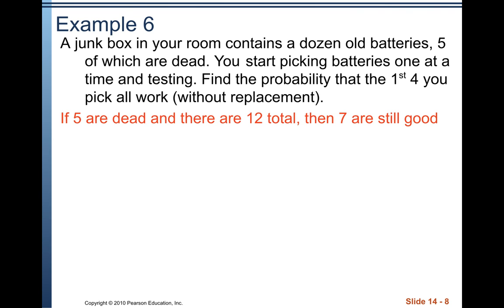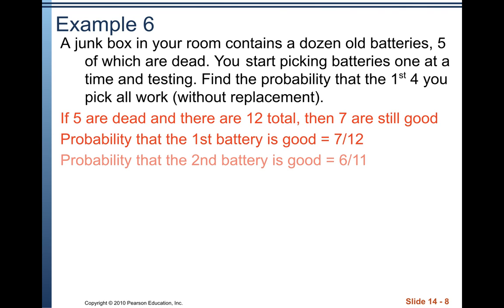So the probability that the first battery is a good battery is 7 out of 12. 7 of the batteries are working, and there's 12 total. 7 out of 12. Now here's where it gets a little tricky. The probability that the second battery is good is only going to be 6 out of 11. Because if I pick the first one and put it off to the side, and I assume it's a good battery, then there's only 11 left, and out of those 11, 6 are good.